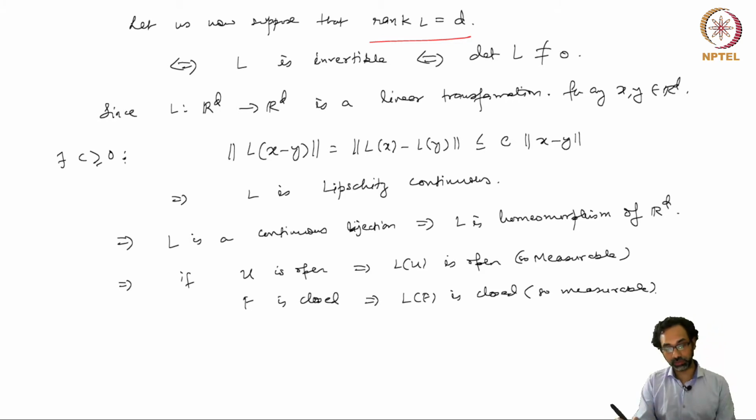So in the particular case of open and closed sets, we have proved that the images LU and LF are open and closed respectively, and therefore both are measurable.